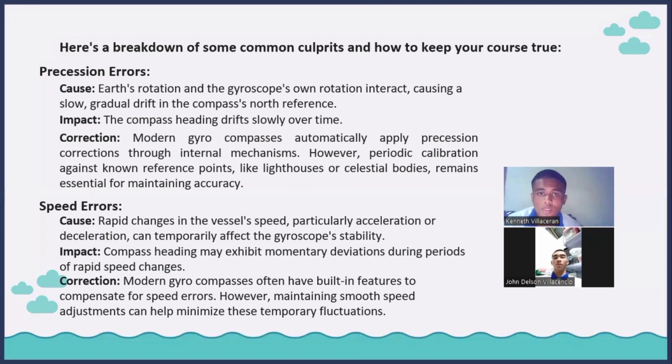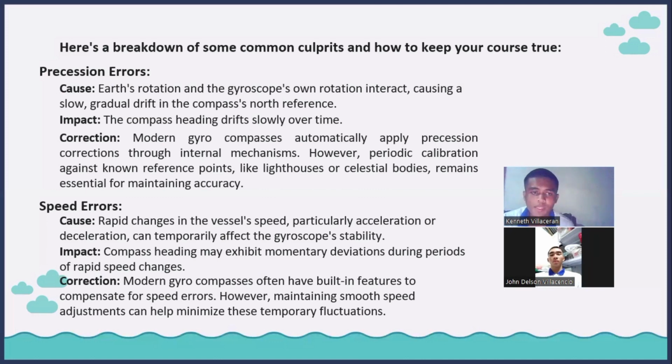Cause: Earth's rotation and the gyroscope's own rotation interact, causing a slow and gradual drift in the compass north reference. Impact: the compass heading drifts slowly over time. Correction: modern gyro compasses automatically apply precession corrections through internal mechanisms. However, periodic calibration against known reference points like a lighthouse or celestial bodies remains essential for maintaining accuracy.